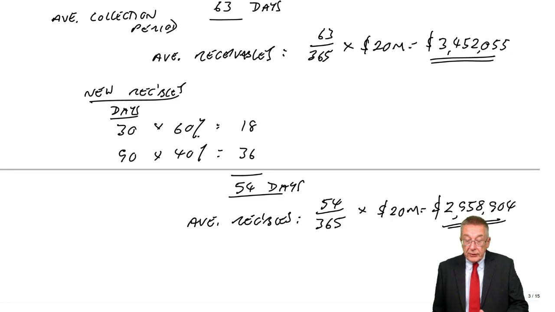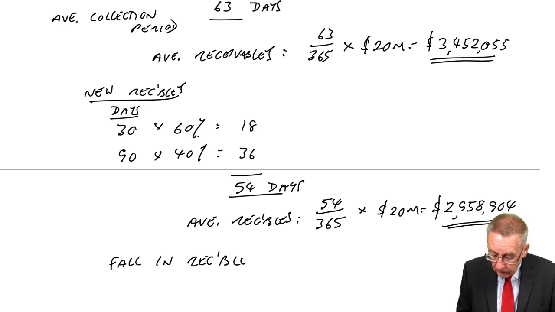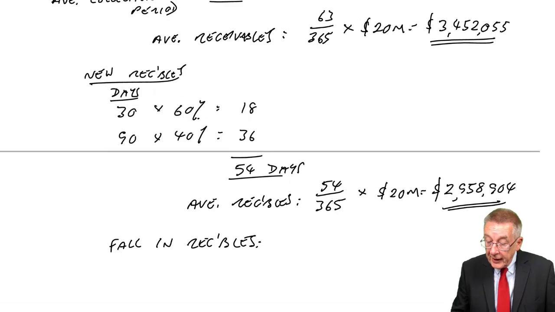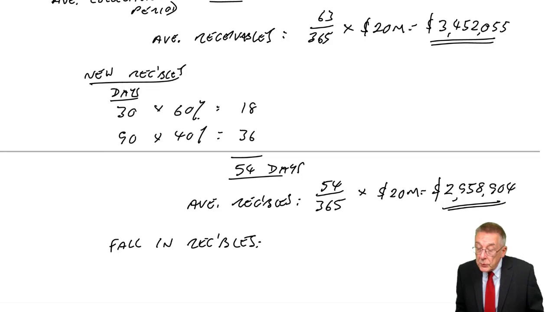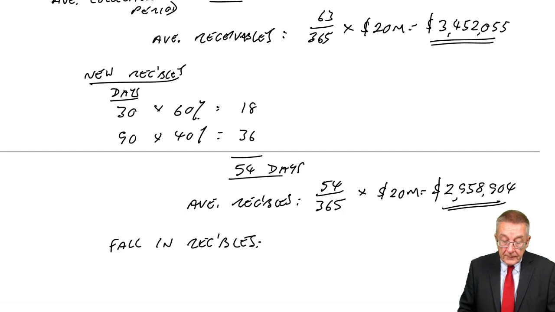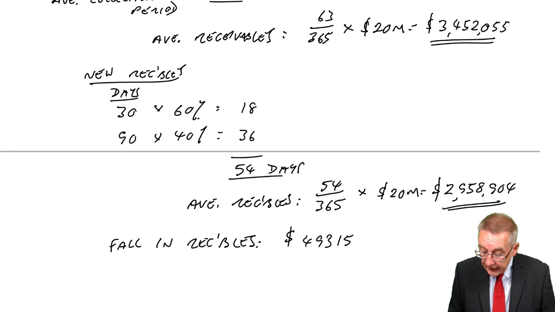However, as a result of offering the discount, there's a fall in the receivables. At the moment, on average, they're 3.45 million throughout the year. In future, 2.958 million. And so the fall, 3,452,055 minus 2,958,904 is 493,151.